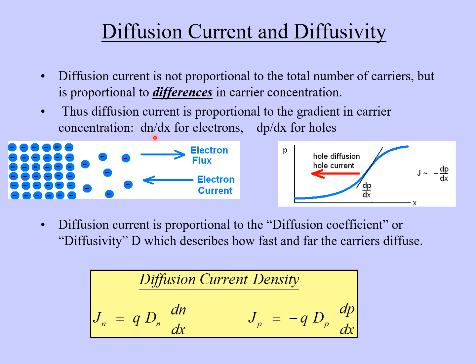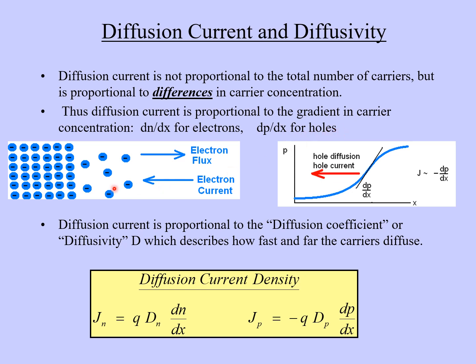So we can use calculus and think of, for electrons, we're talking about dN dx, right? This is the rate of change of electron concentration with distance. Okay, so this is the slope, in other words, of the electron concentration. Likewise, for holes, dP dx gives us the slope of the hole concentration.